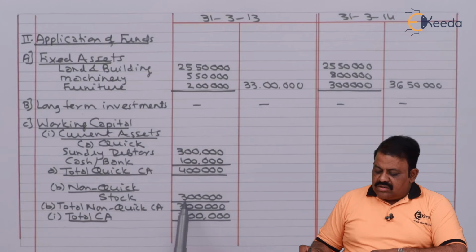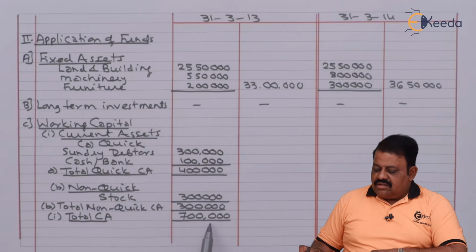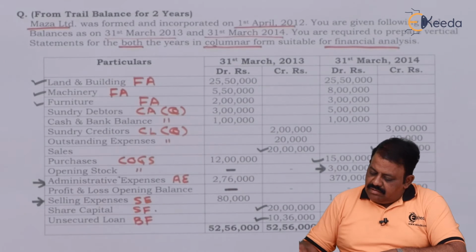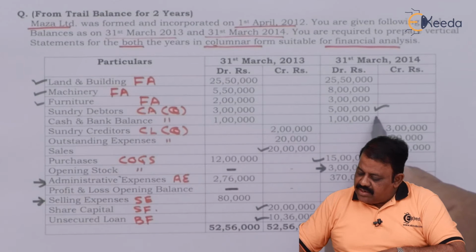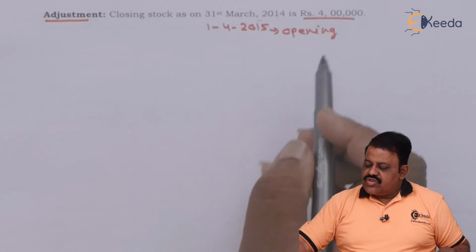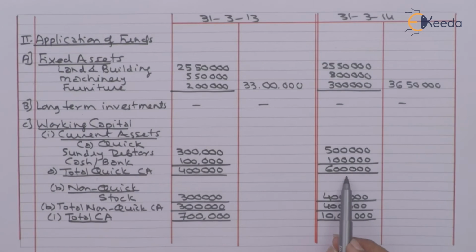Non-quick we have stock 3 lakhs. 4 lakhs plus 3 lakhs, total current assets are 7 lakhs. Second year we have debtors 5 lakhs, cash and bank balance 1 lakh, closing stock 4 lakhs. Current asset quick 6 lakhs, non-quick 4 lakhs, total current asset for the second year 10 lakhs.